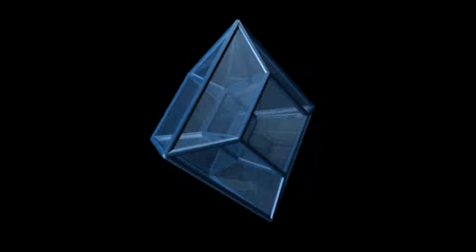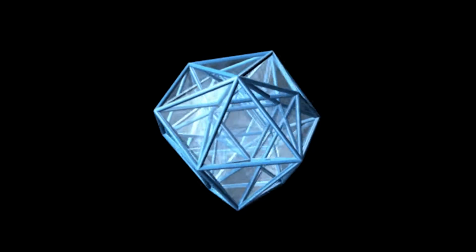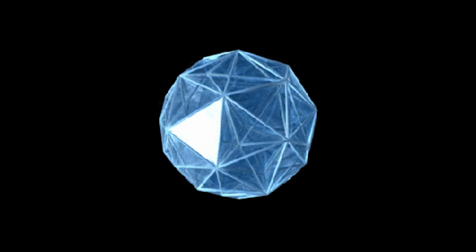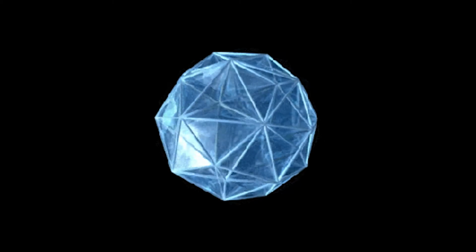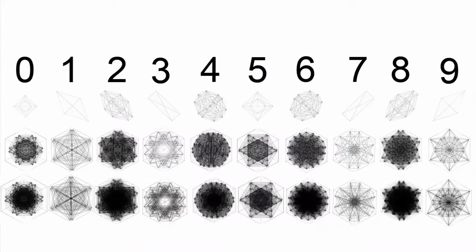This visualization led to the thought that if there is such thing as a four-dimensional cube, a tesseract, a five-dimensional cube, a pentaract, a six-dimensional cube, a hexaract, and so on, then the same must be for these shapes.